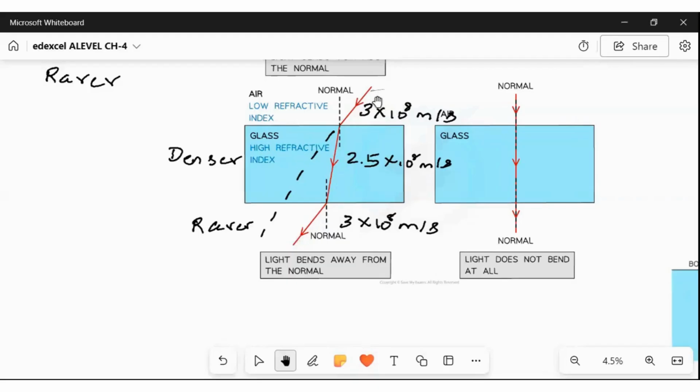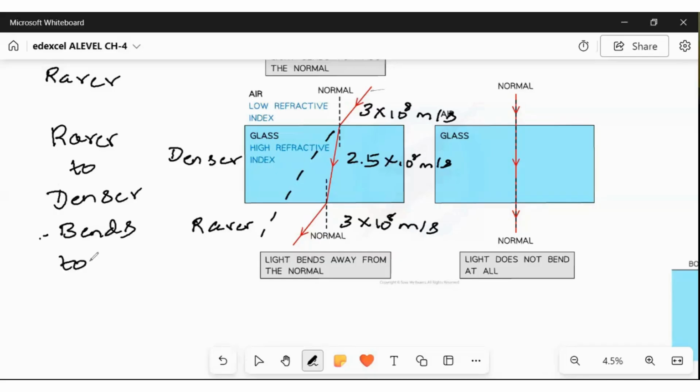So when a ray travels from rarer to denser medium, what are the two points? It bends towards the normal. Reason? The speed of light decreases.